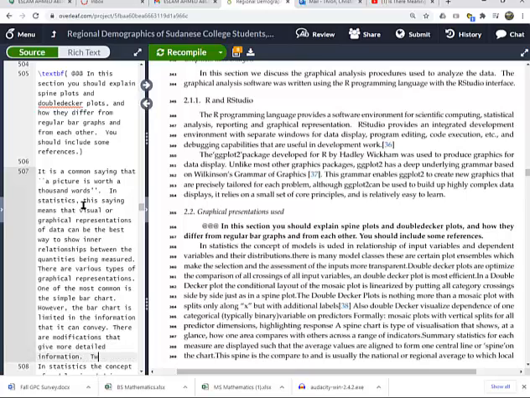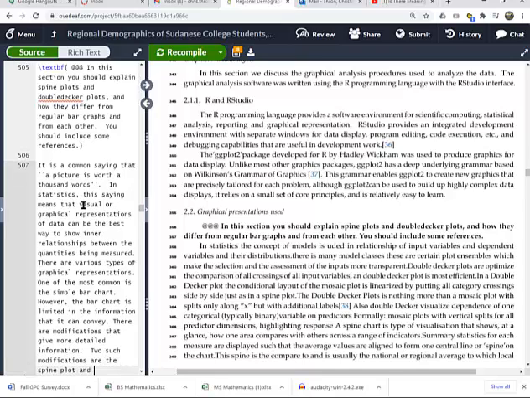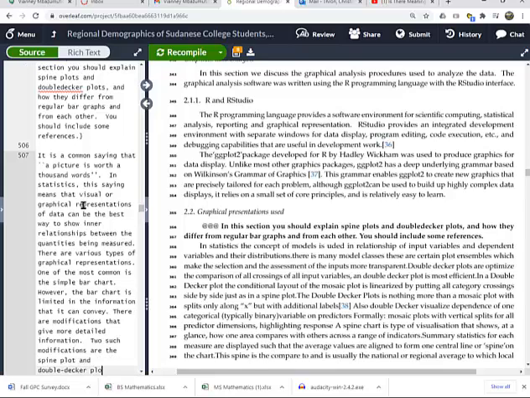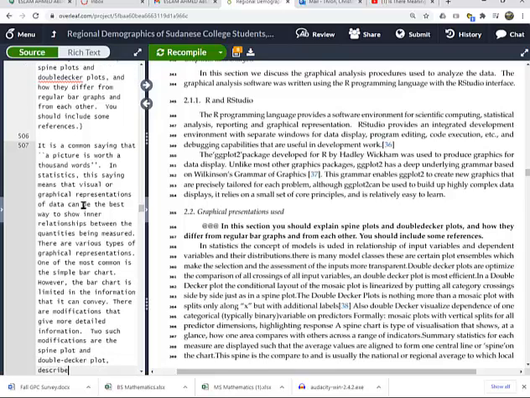Okay, two such modifications are the spine plot and double-decker plot, described below.